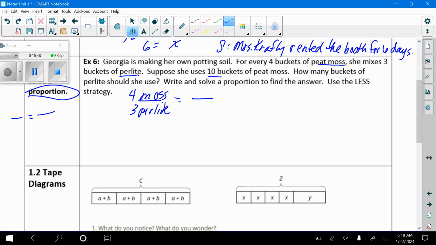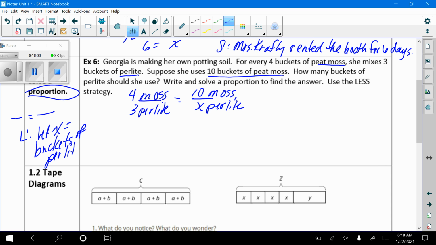Suppose that she uses 10 peat moss, so we're going to use 10 moss on top. How many buckets of perlite should she use? We don't know, x perlite. So we're going to say, labeling, let x equal buckets of perlite. We have the equation set up, so let's go ahead and solve it. Solving proportions, cross products are equivalent.